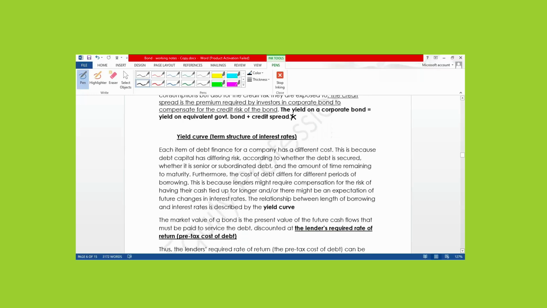So the yield curve shows the relationship between the length of borrowing and the interest rates.